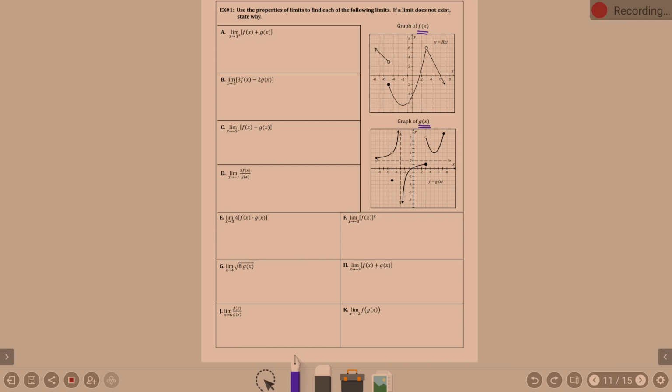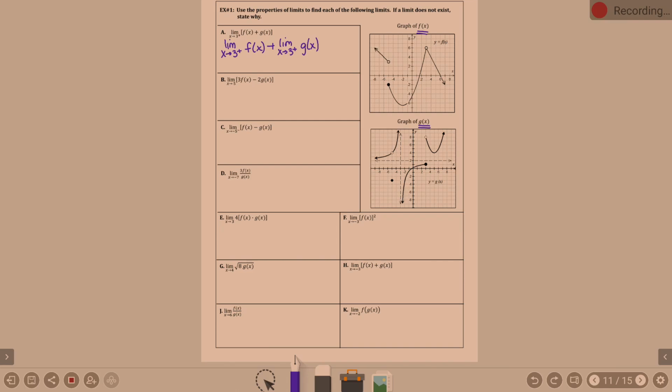Now, the limit as x approaches 3 from the right of f of x plus g of x. Well, what property applies here? If there's adding within a limit, you can separate it into two limits. So the concept to think about here is the limit as x approaches 3 from the right of f of x plus the limit as x approaches 3 from the right of g of x.